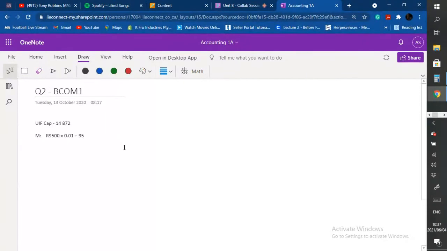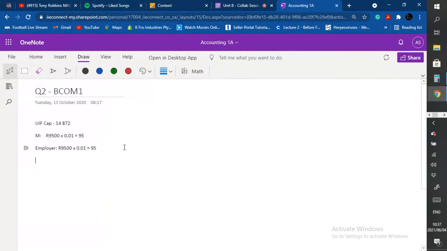So that's the employee, and then here we have the employer. It's going to be the exact same 1%, which is also going to give us 95.